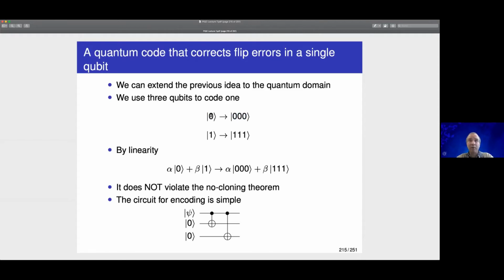And then we are going to use this state, which is composed of 3 zeros, to denote this state 0, and we are going to use 3 ones to denote the original state 1 of the qubit, okay? So we are using again redundancy in order to store the information or to send the information.